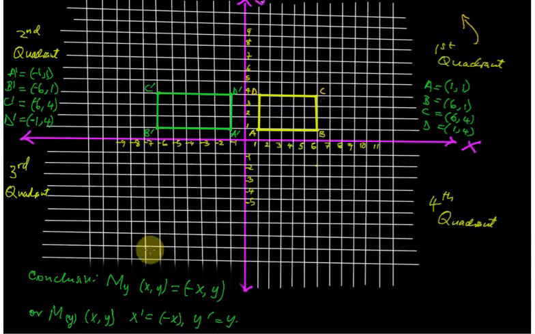So this is what you can give as a conclusion. x dash equal to negative x, as you see here, it is negative x, and the y dash equal to y gives the same value of y as in the object.